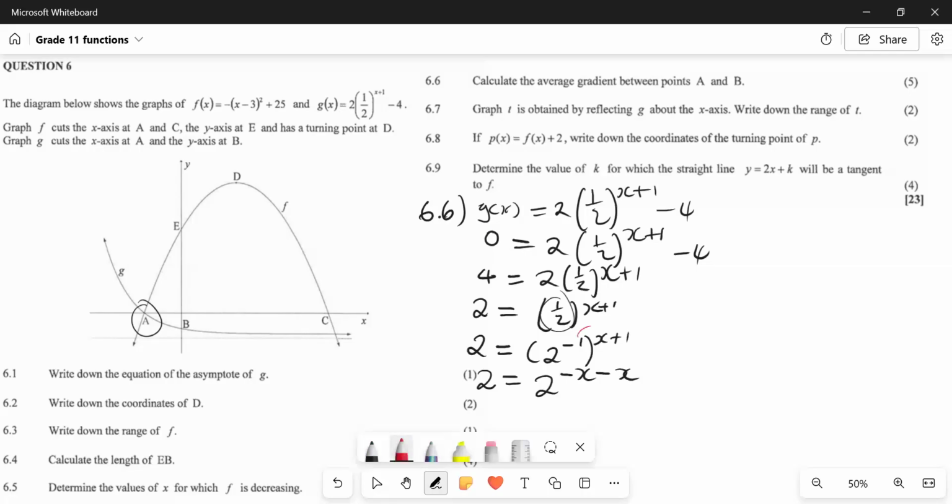So you just distribute the negative 1 there, right? And then from there, now you have your same bases. We can now start to drop down the exponents. So this is 1. So you'll have your 1 equals to, okay, this is negative 1. Sorry for that. So minus x and minus 1, right?